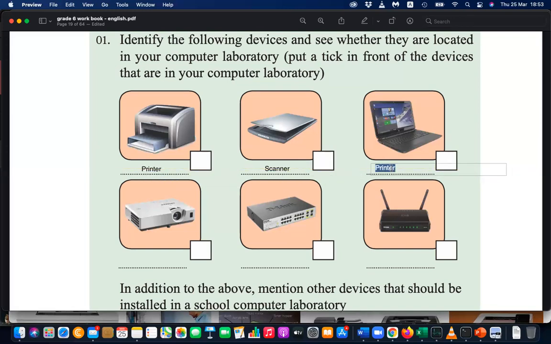Below that, the first one is a projector. Sorry, multimedia projector. We can say multimedia projector or just projector. So what does a projector do?